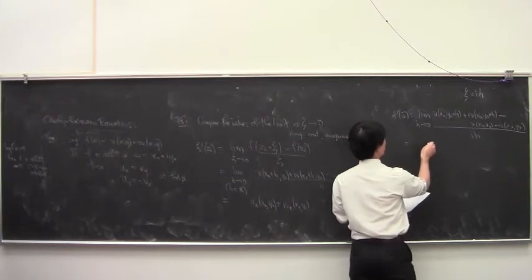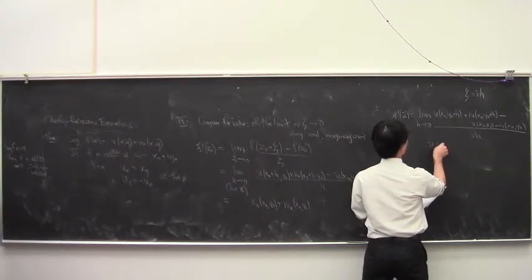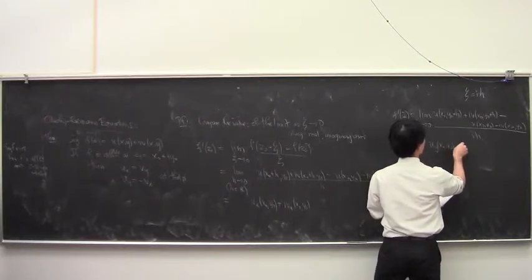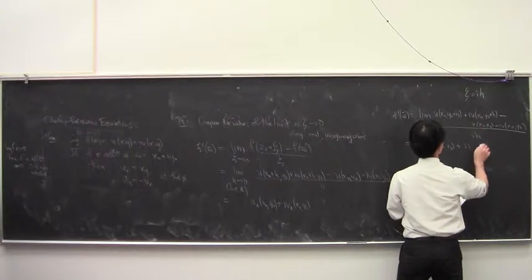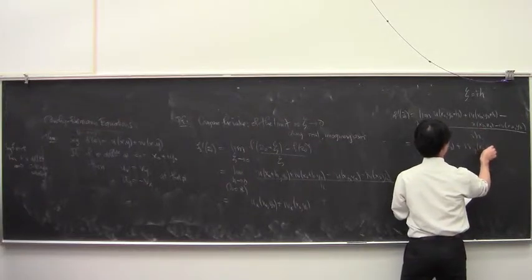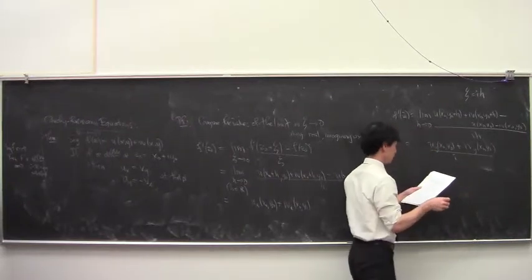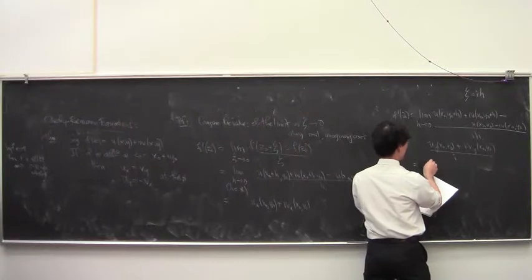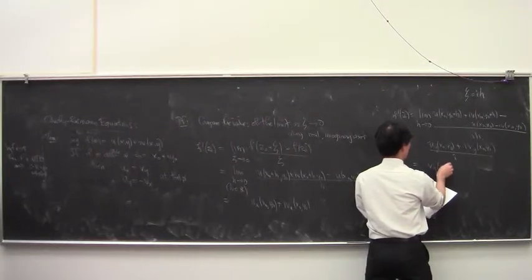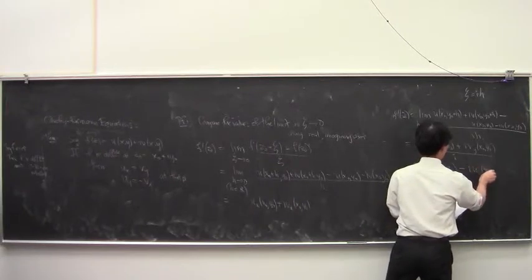And so what you end up with here is u sub y at x naught, y naught plus i v sub y at x naught, y naught, everything over i. Which is the same thing as v sub y at x naught, y naught minus i u sub y at x naught, y naught.